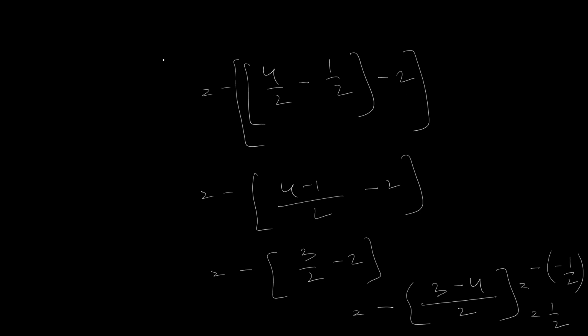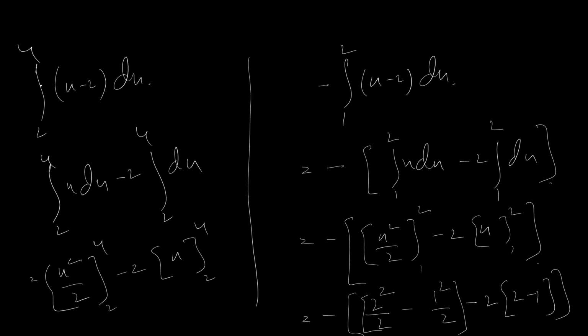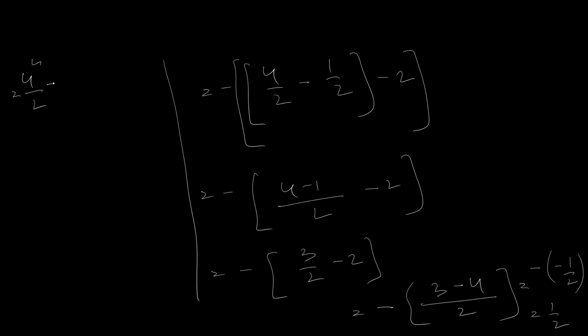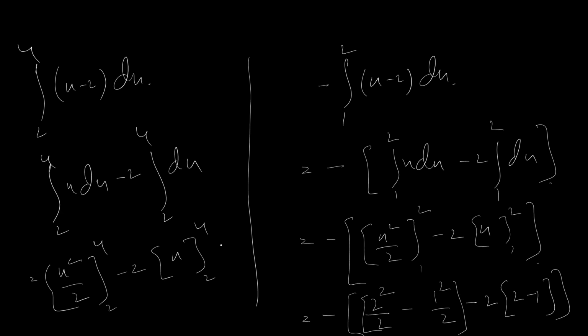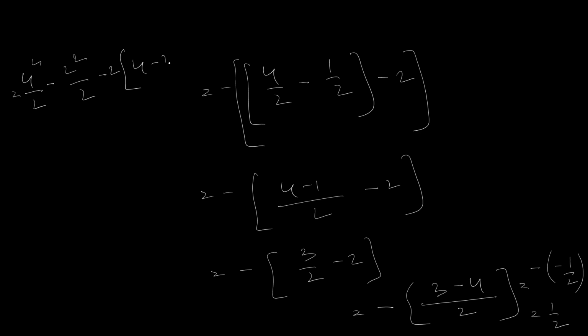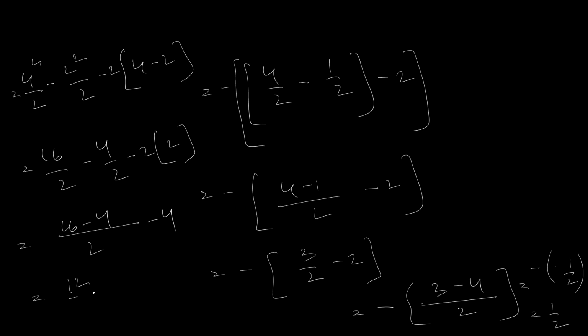This equals 4 square by 2 minus 2 square by 2, minus 2 times (4 minus 2), which is 16 by 2 minus 4 by 2 minus 2 times 2. So 16 minus 4 is 12 by 2, which is 6, minus 4, ultimately 2.